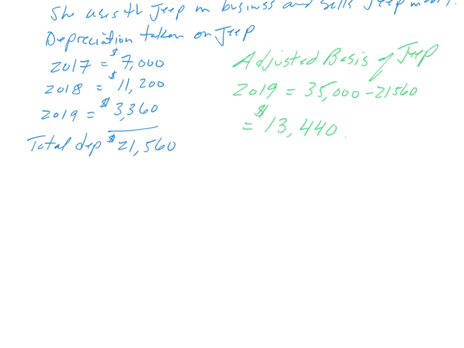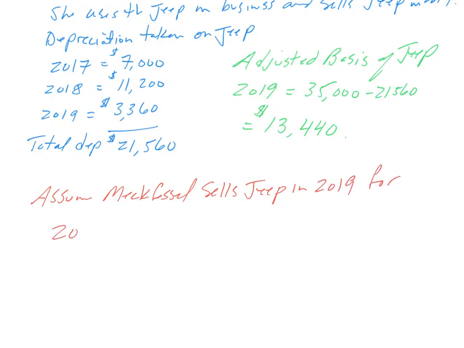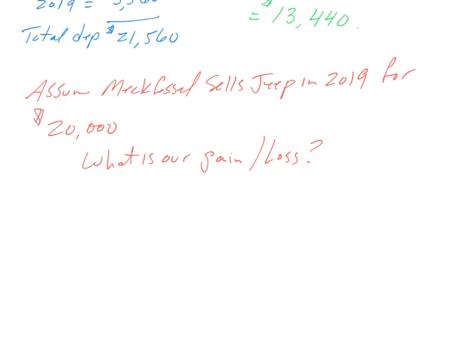Now, let's assume we sell the Jeep in 2019 for $20,000. All right, so now what is our gain or loss?